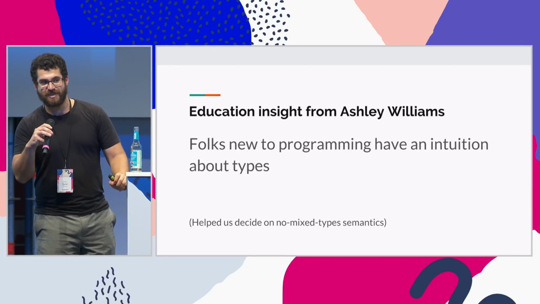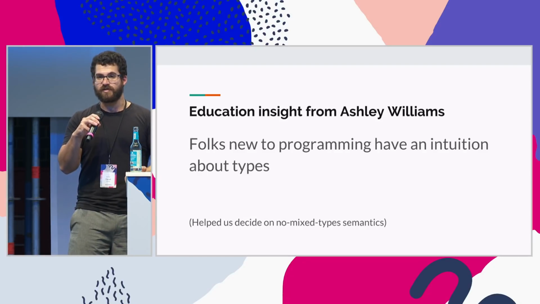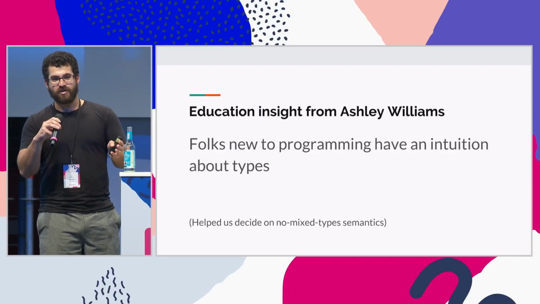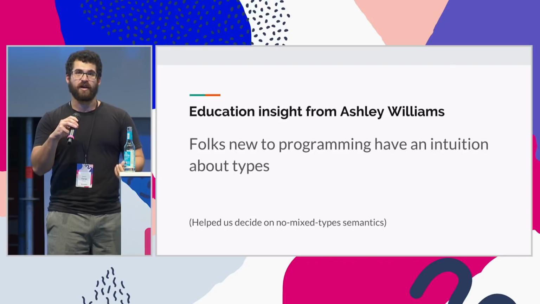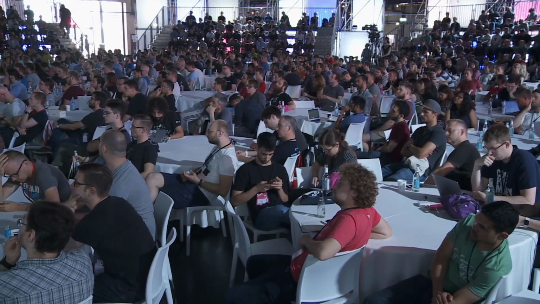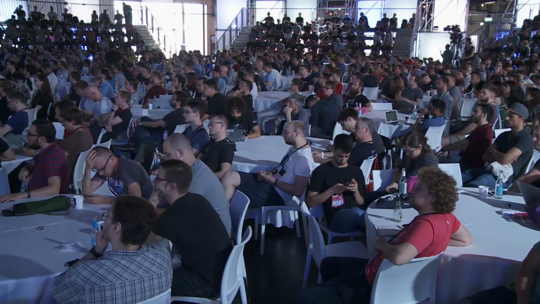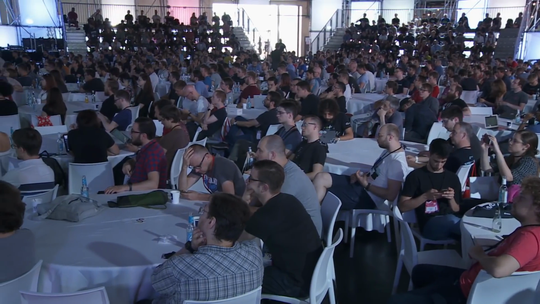So for example, in the BigInt design process, Ashley Williams pointed out that when learning programming, a lot of programmers have an intuition that variables should have particular types. So this made us feel not quite as bad about not permitting mixed operations between BigInt and number, because this is actually a pretty intuitive thing for people to learn, that a value has a particular type.